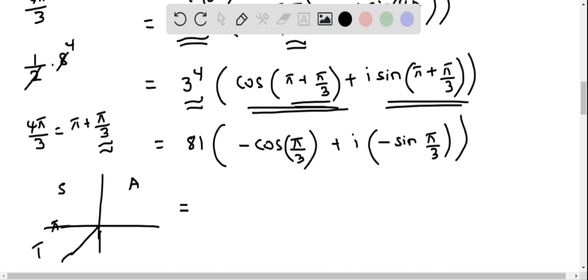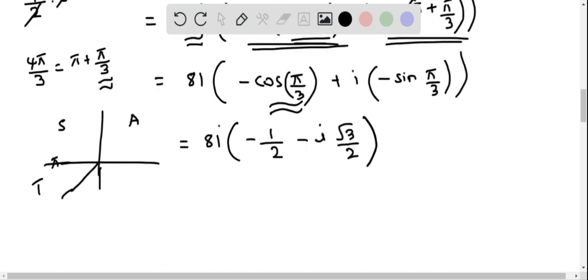So let's simplify this. This equals 81 times cosine of pi over 3, which is basically half, so this becomes negative half. Plus we have a negative here, so I can put this as a negative i. Sine of pi over 3 is root 3 over 2.